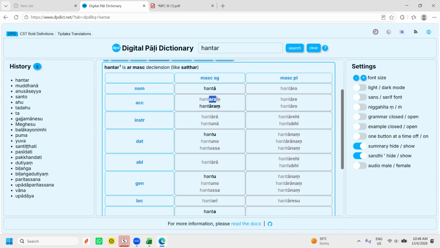This is the stem, hanta. And another stem is hantu, because na is added. So technically there are two stems. But if we look up hantu, the dictionary will not come out. So this one you have to know.